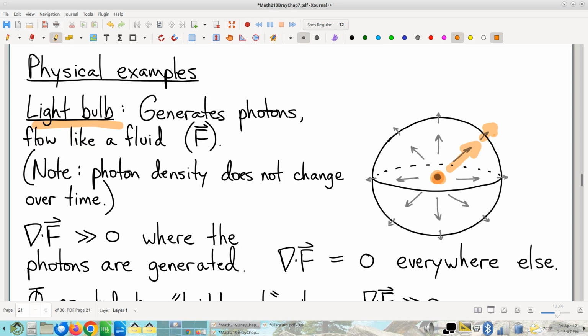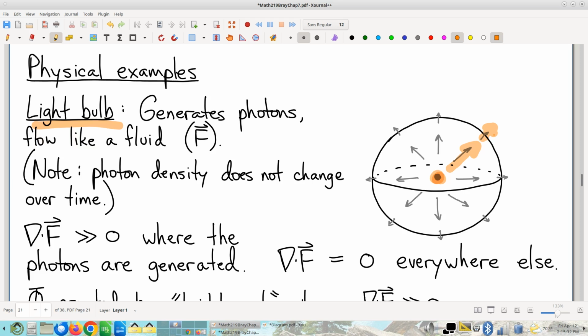What's going on here is that when you're looking near where the light source is, there's a lot of photons really close together. And as they get farther away from the light source, they also get farther away from each other, and the density decreases. Photon density is a lot lower out here, and it's a lot higher over here.